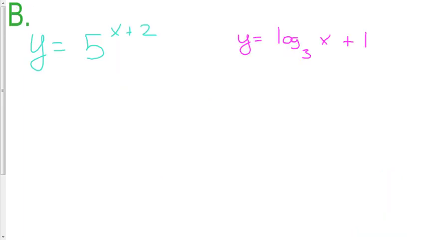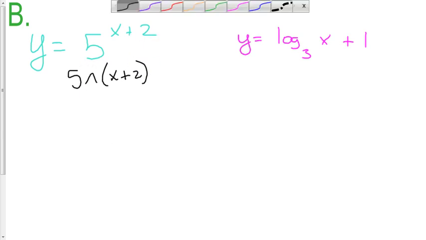Now then, you'll also be asked to graph some things, maybe even state the domain and range. And so with this, if you were going to put this into your calculator, you just put 5 and then x plus 2, and you need to make sure that your x plus 2 is in parentheses if you don't have a calculator that puts it up in the exponent.